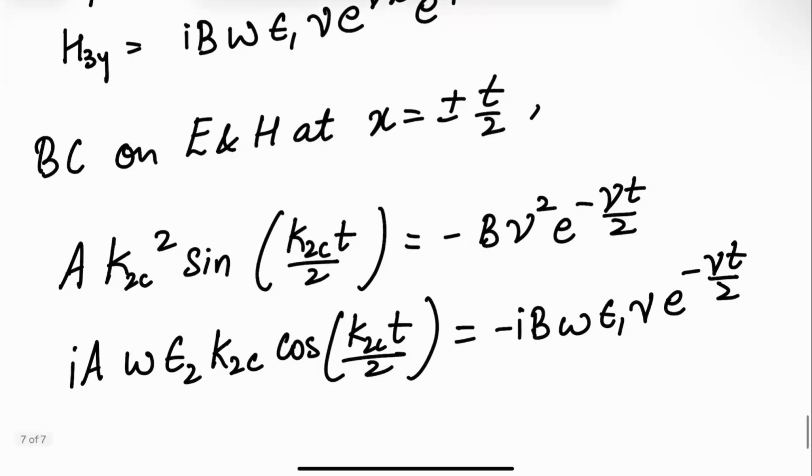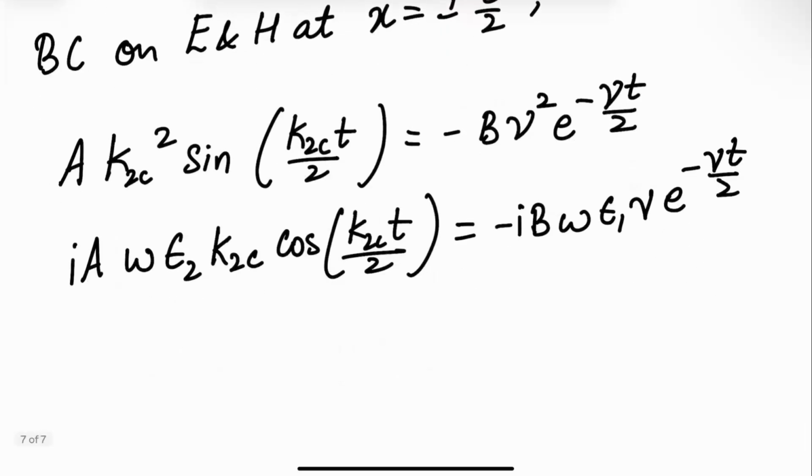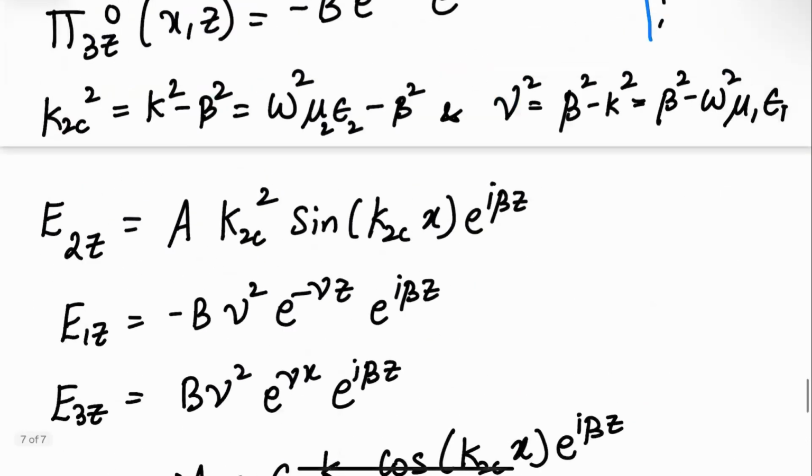Okay, so I need to solve these two equations for A and B and for k2c and nu. So of course it looks like I have 4 unknowns and 2 equations, but that's not true because we already have a relationship between k2c, nu and beta, right? Which comes from these guys.